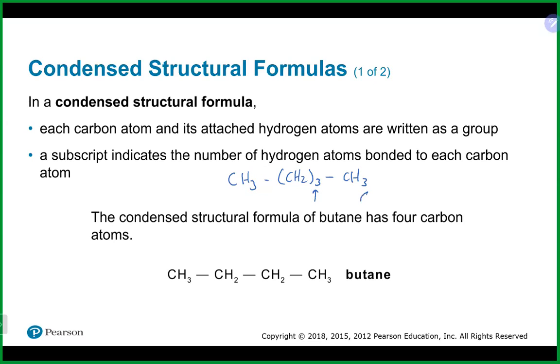If you were to write it out completely, it would be 1 of these, 2 of these, 3 of these, and 1 more here, which means this actually has 5 carbons, and it's actually pentane. So be careful when counting carbons that you don't say it is propane and miss the fact that you have that repeating unit. That's a shorthand that is sometimes used. Any questions on that?